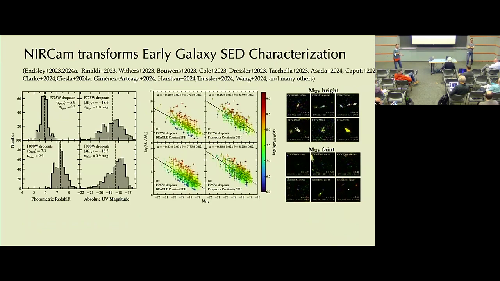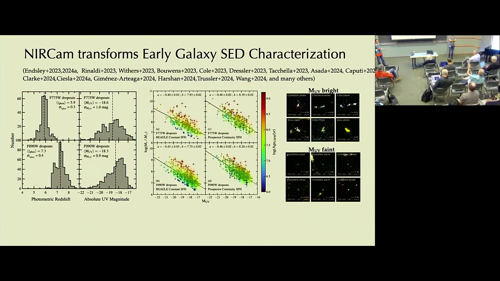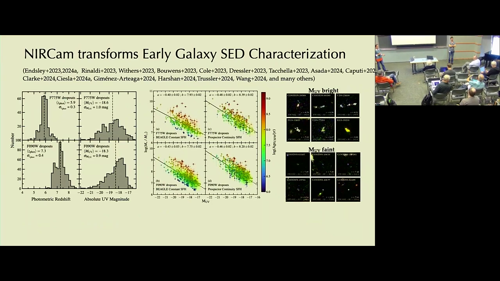Dan, I just wanted to circle back to where you started with UV slopes again. You talked about two possible interpretations of the very blue colors. One, if I encapsulate it, is that they're bursting up, and that's a possible interpretation of why they're leaking a lot of Lyman continuum, so they don't have the nebular continuum. Or they're lulled, they're bursting down, and there's this sort of brief period.